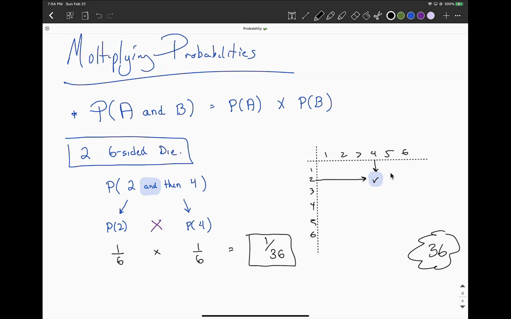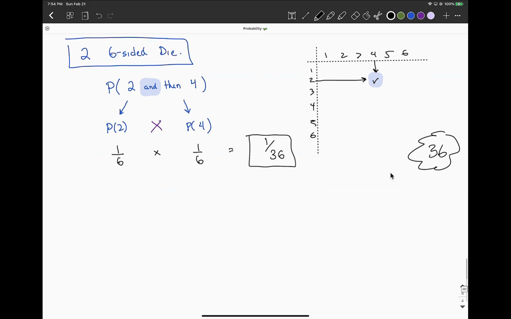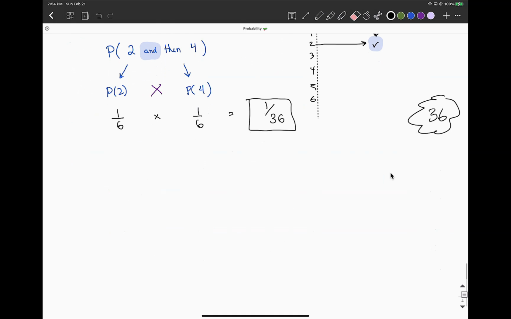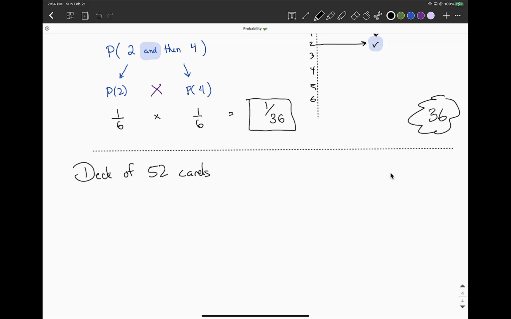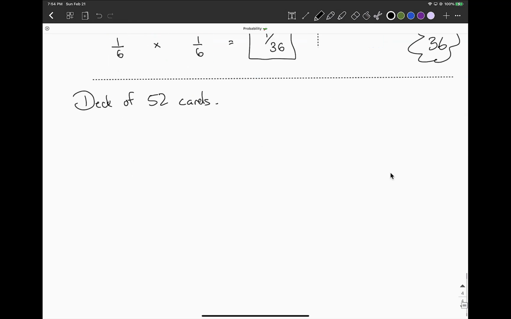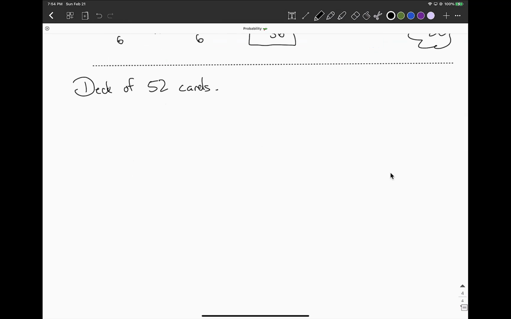But there are two scenarios that show up in two very big vocabulary words. Let's talk about a very common situation where we have a deck of 52 cards. If you're not super familiar with a deck of cards, maybe find a picture or follow along here. I'll help you out.